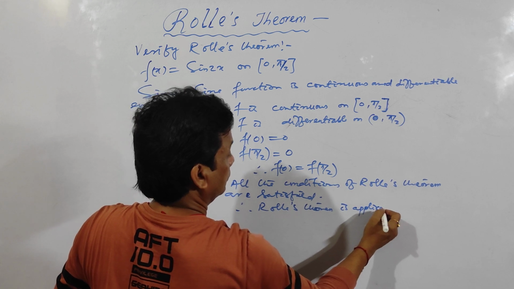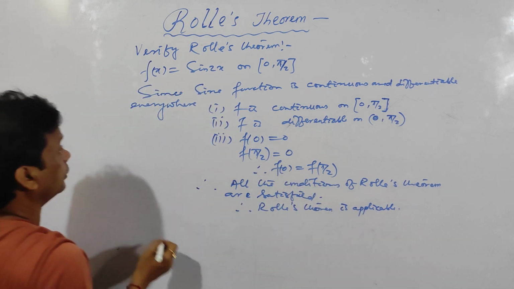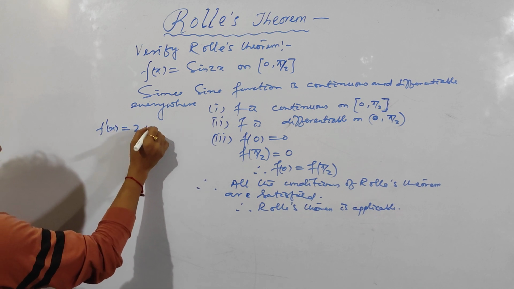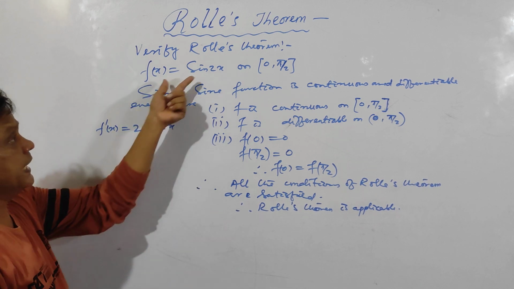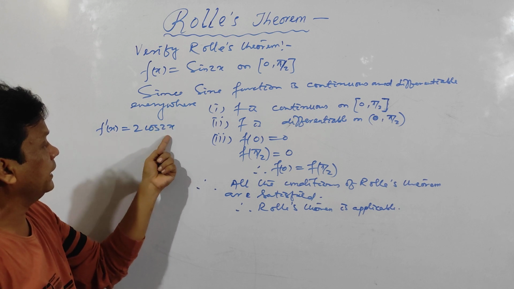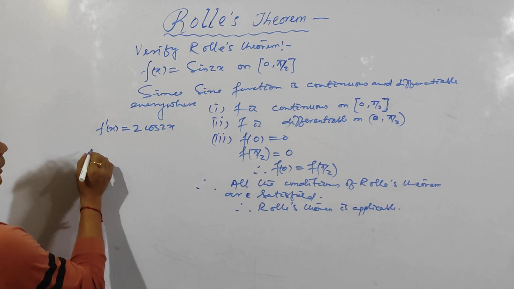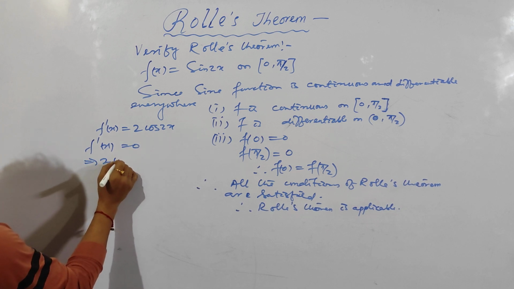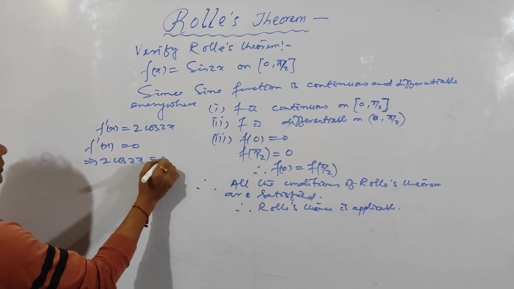Now, we should verify it. What is f dash x? It is 2 cos 2x, because derivative of sin u is cos u into du by dx, and derivative of 2x is 2. Now, f dash x equal to 0 implies 2 cos 2x is equal to 0.